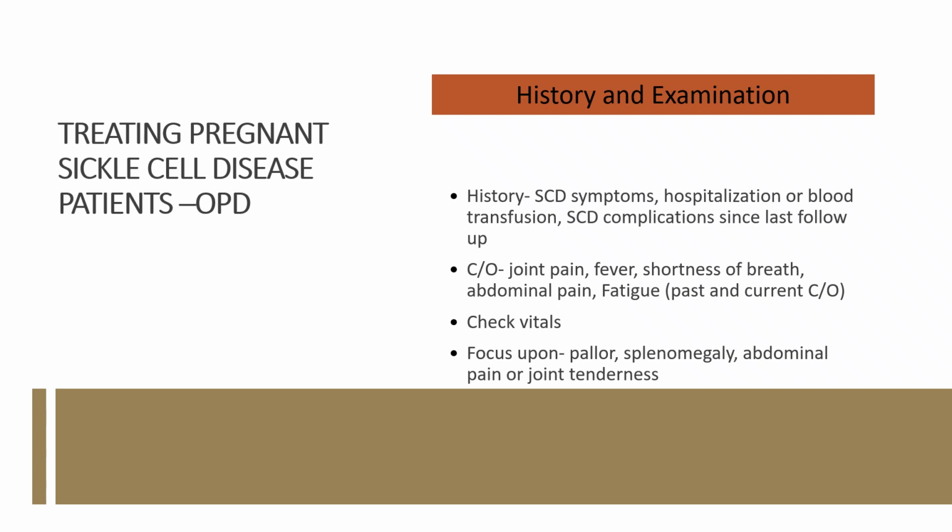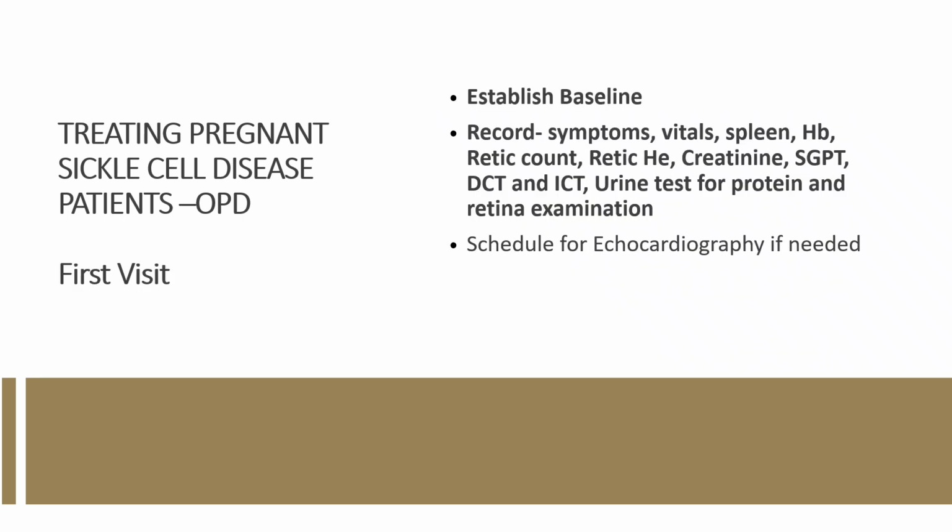Ask for any joint pain, fever, shortness of breath, abdominal pain, or fatigue at rest or on exertion. Check vitals. Focus upon pallor, splenomegaly. Understanding splenomegaly is crucial to the physical examination of patients with sickle cell disease. Look for any abdominal pain or joint tenderness.